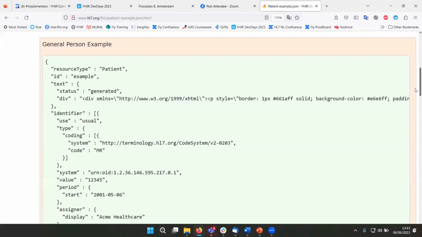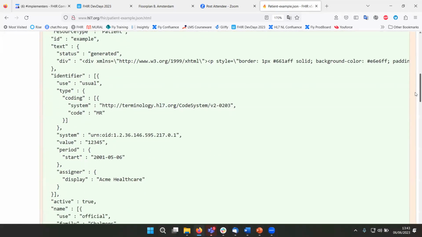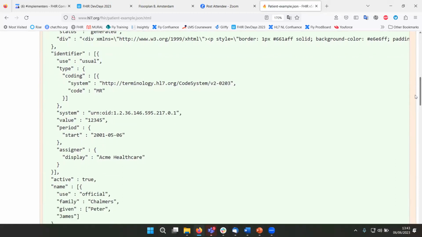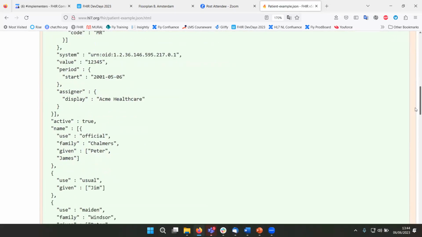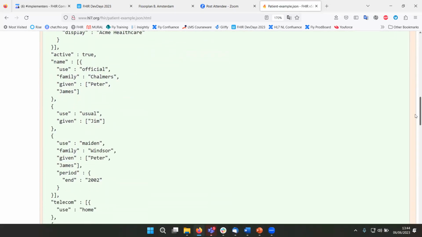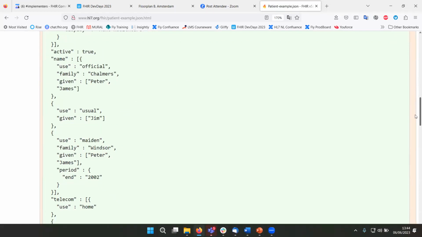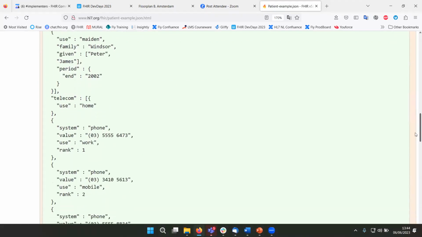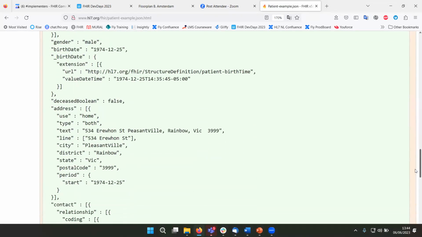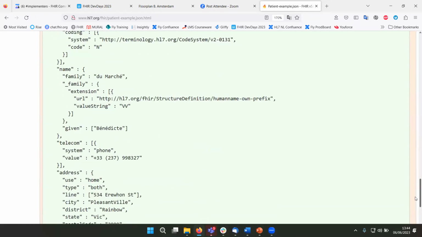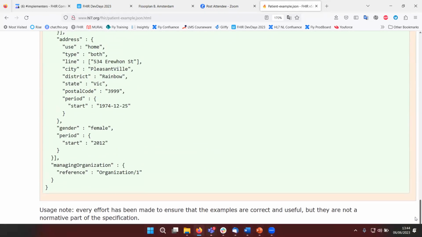structure of it. And there we see the resource, the business identifier, the medical record number, in this case, for the patient. We see the name, obviously structured according to the data types as they exist in FHIR. But if you know version 2, you will certainly recognize a lot of the data type details. And we may also have these references.